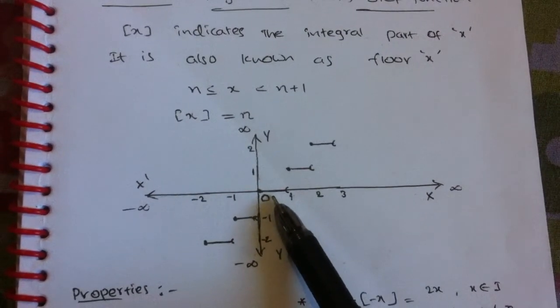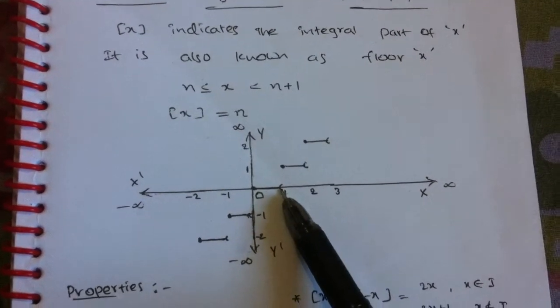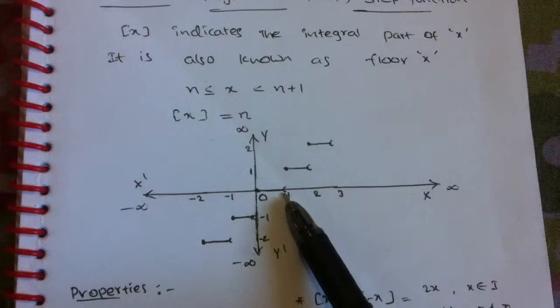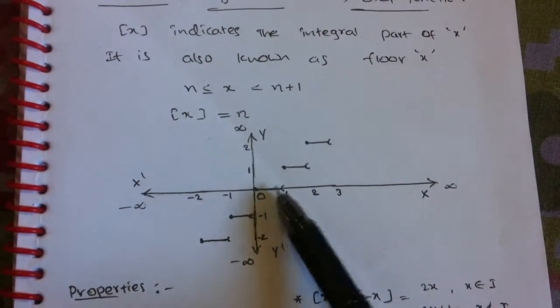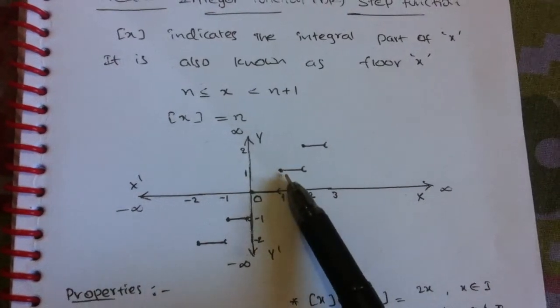And the graph continues up to 0.999. Step of 0.999 is also 0. Step 1 is equal to 1.